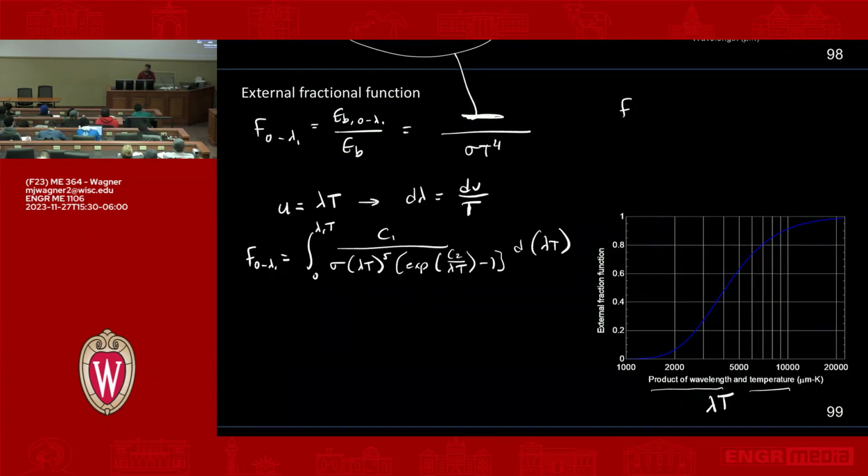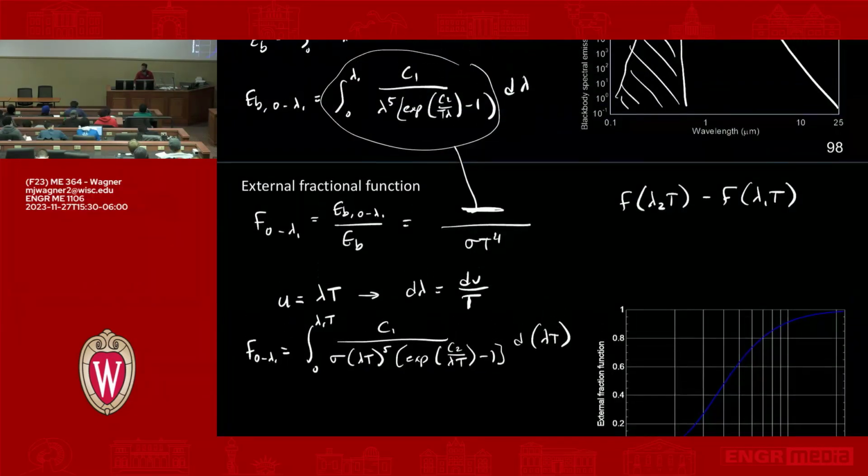I'm going to evaluate that first at the upper bound of wavelength, and then at the lower bound. So we want f from 0 to lambda 2 times temperature minus f from 0 to lambda 1 times temperature, where temperature is the temperature of the sun.